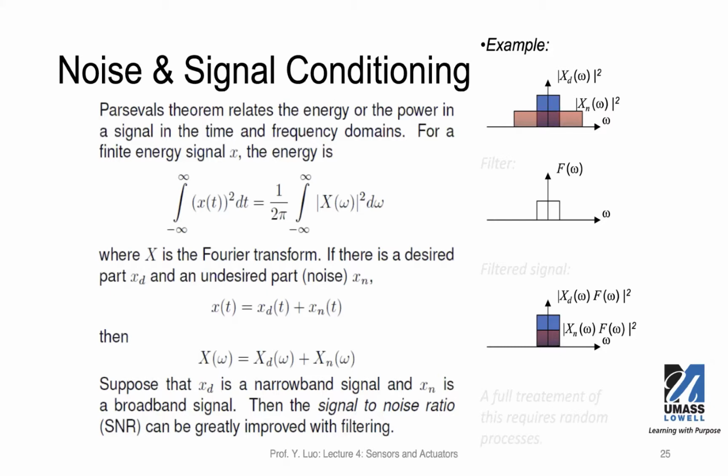As a result, we get a higher signal to noise ratio. This SNR is very useful in a lot of signal processing domains, including sensor designs. We would like to have a higher signal to noise ratio, and that can be done using filtering.